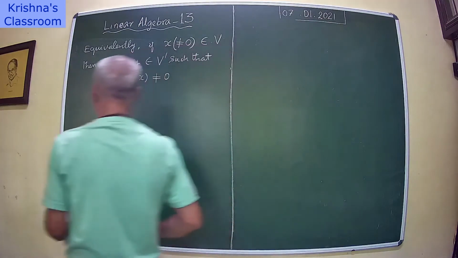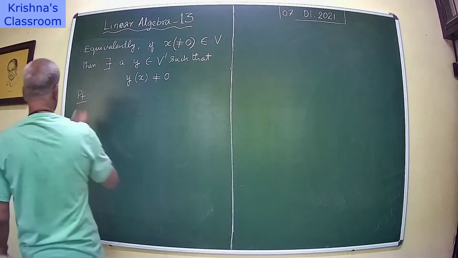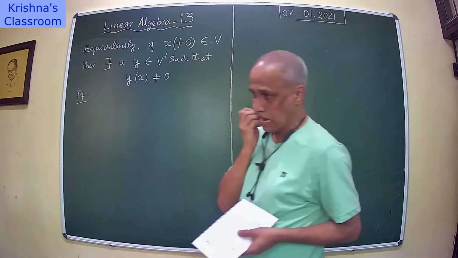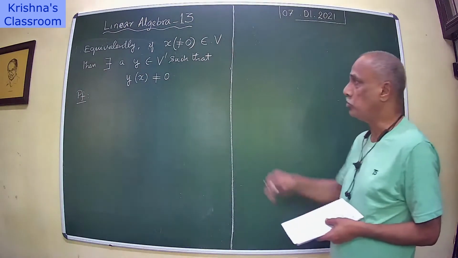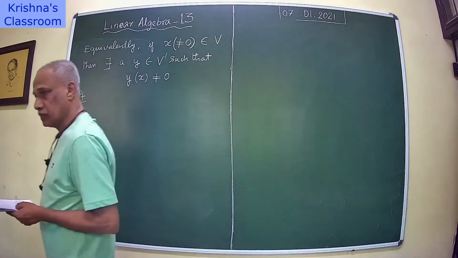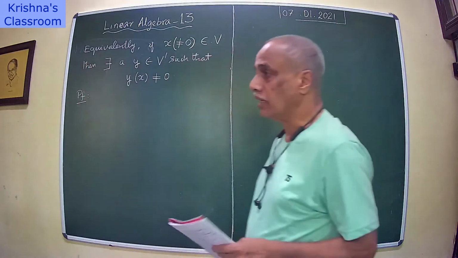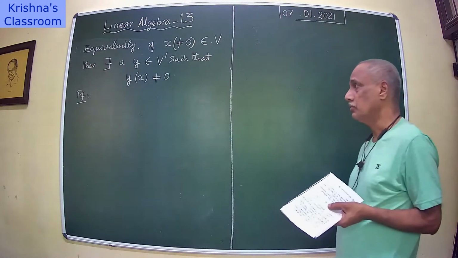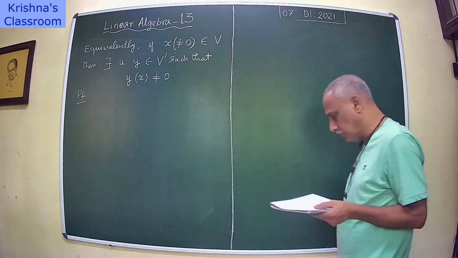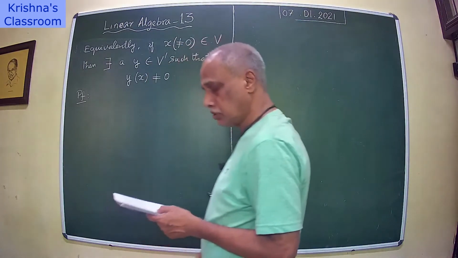Let us prove this theorem. There are two statements given here. So we prove that they are equivalent. And then we complete the proof of the theorem by showing that the second statement is true.